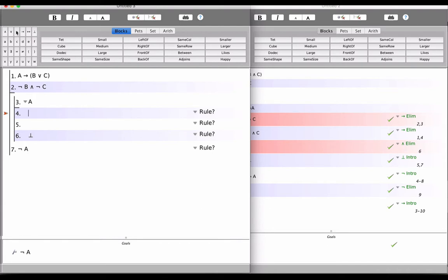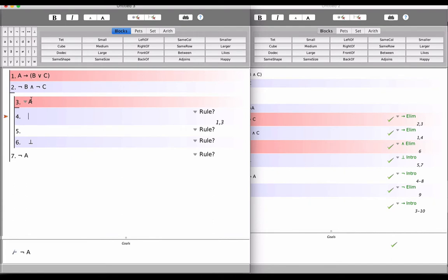Once we have A, we're now in a position to start dismantling. Notice that lines 1 and 3 yield B disjunction C by conditional elim.